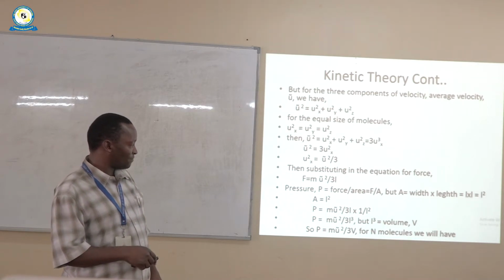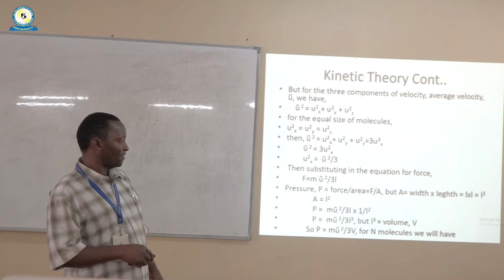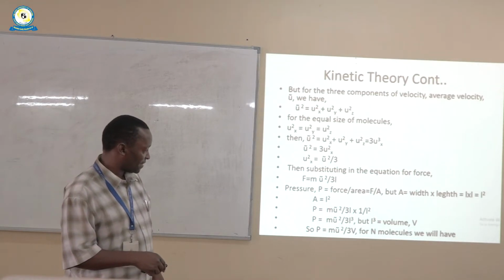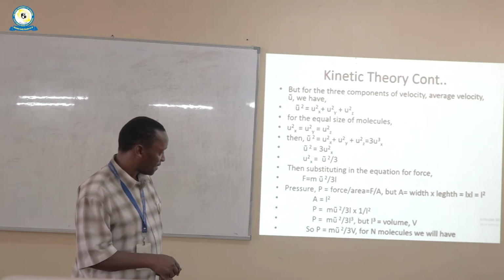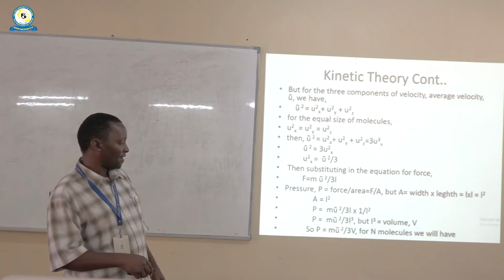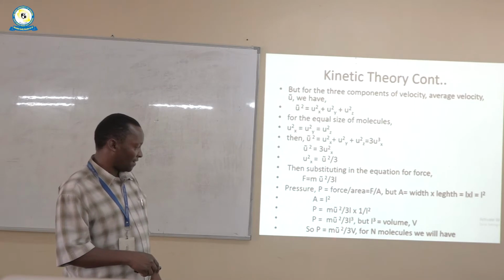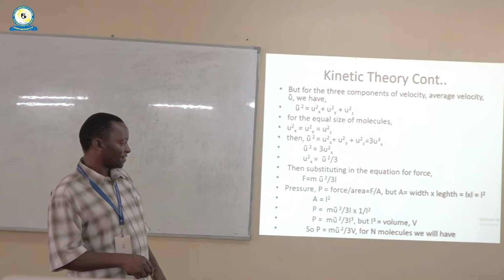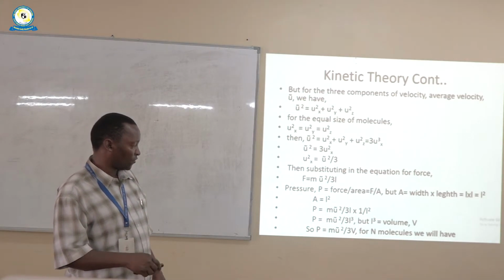So at the end, because we already have the force, if we substitute, we will have pressure represented in that way, as mass times the velocity squared divided by 3 times volume.